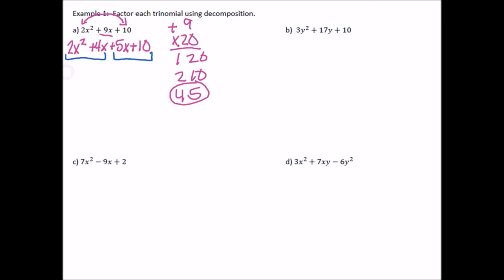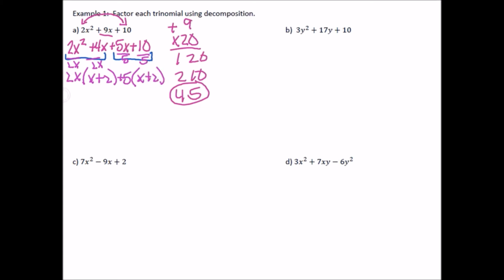Out of the first two terms, we can pull out a 2x. And if you have to formally do this, go ahead and divide each term by 2x. We're left with x plus 2. Okay, and out of the last two terms, we can divide out just a 5. So plus 5, and then we're left with x plus 2.